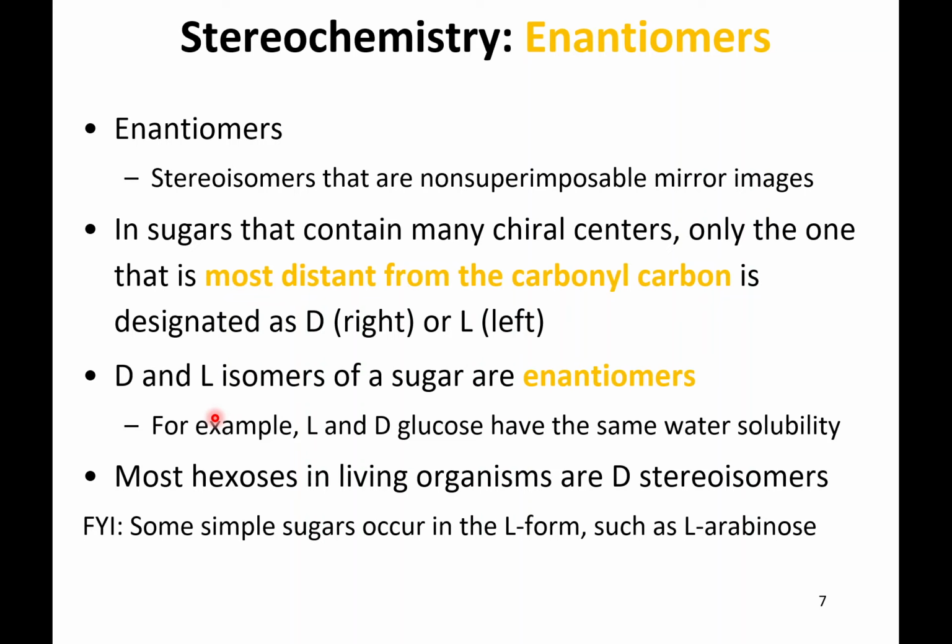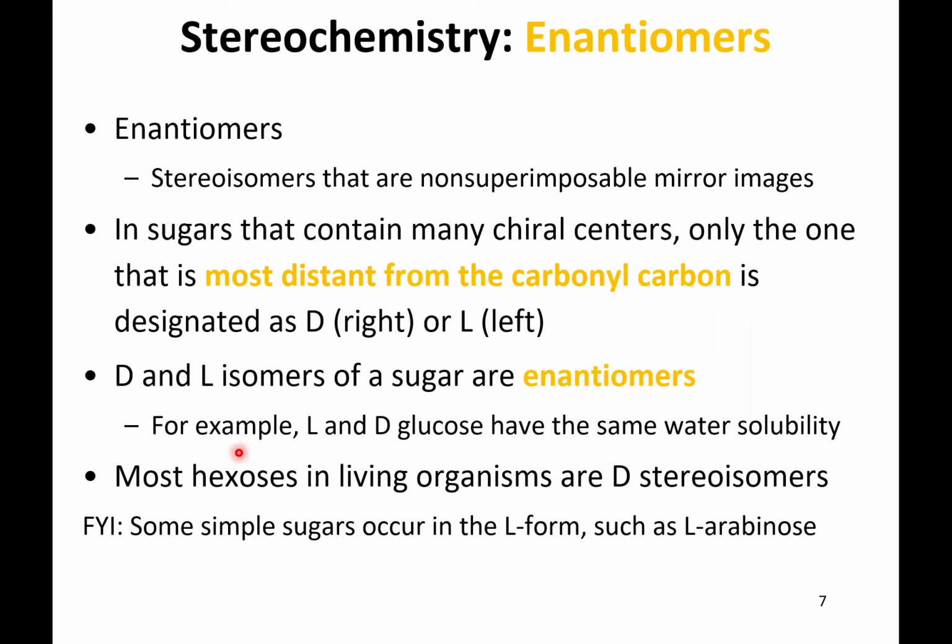Okay. So, just a reminder, enantiomers are stereoisomers that are non-superimposable mirror images. Sugars contain many chiral centers, so if you have a chain of 6 carbons, there are going to be quite a few chiral centers, but only the one that is most distant from the carbonyl carbon is designated as D or L. Okay, D is sort of the right-handed, and L stands for the left-handed.